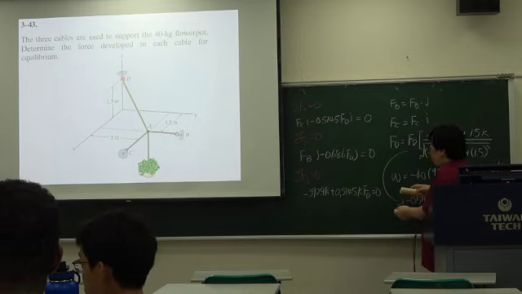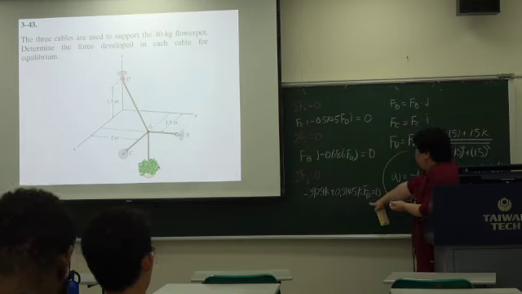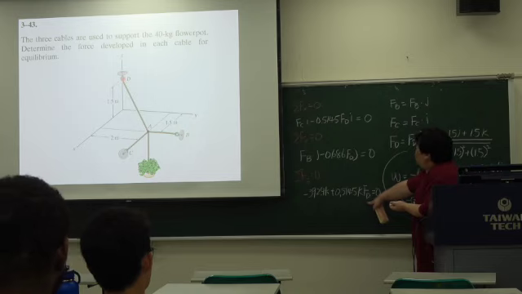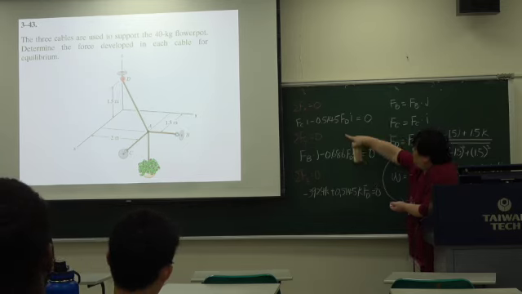We can calculate equation 3 first. We can get the FD, then put the FD result into equation 1 and equation 2, then we can get the FC and FB answer.